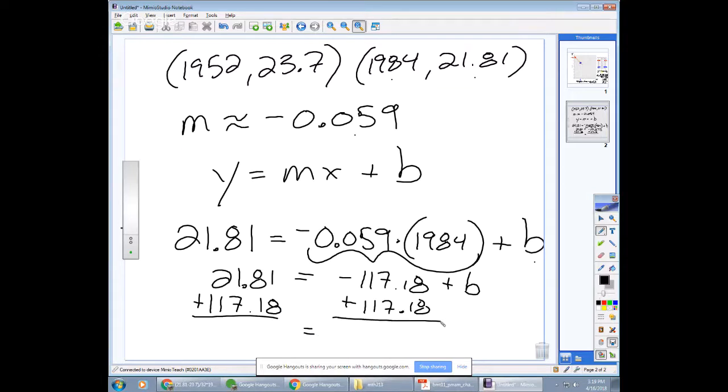And so it looks like b is 138.99, or about, I guess we can go with that, or call it 139 if we rounded. Let's figure out what all this means.